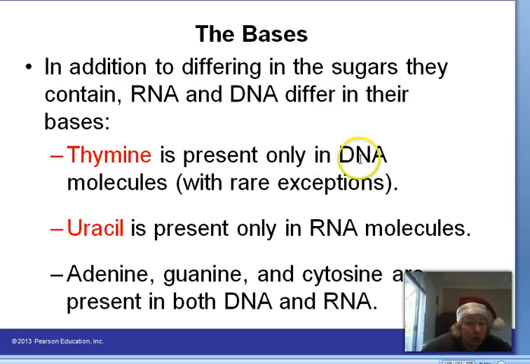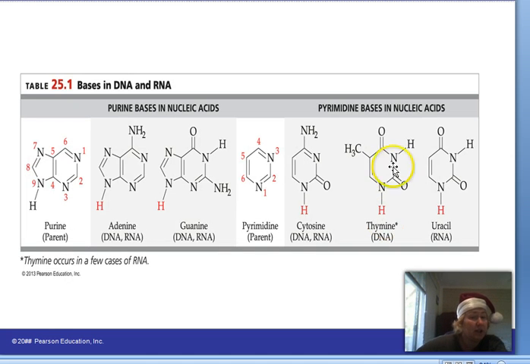Thymine is present only in DNA. Uracil is present only in RNA. So if A goes with U in RNA, A goes with T in DNA. Here's the promised picture. Here's our purine. So there's 2 purines, adenine and guanine. See how they have 2 rings?